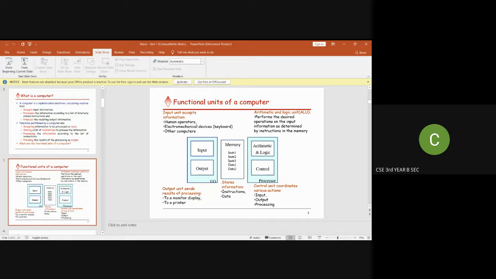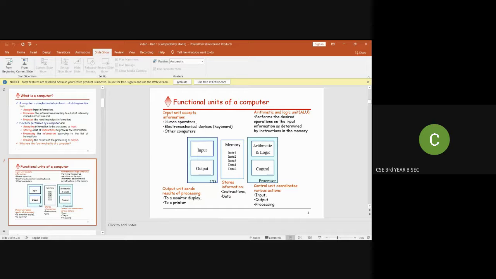The next one is the control unit. This control unit is the main important one, because all other functional units are coordinated by the control unit by means of producing control signals and timing signals.